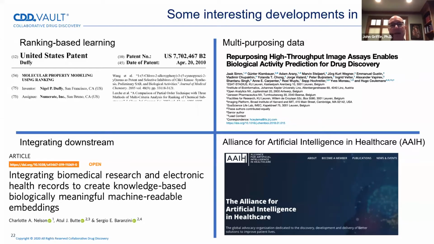The second, in the upper right-hand quadrant, is the realization and the various demonstrations now that biological data, in particular phenotypic data, may serve a variety of useful purposes when you use it in the context of other data, such as on-target and biochemical screening. There's a paper from Hugo Kellermans, Jensen, and his collaborators that speaks to this.